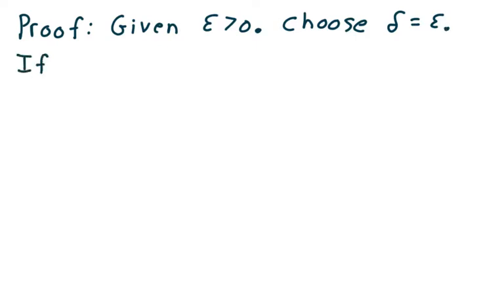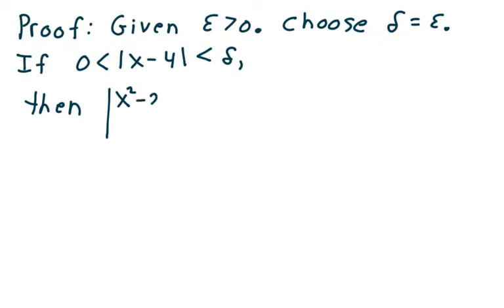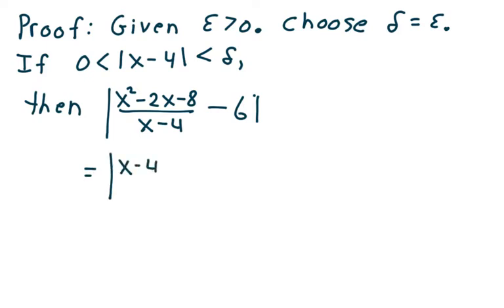If 0 is less than x minus 4, which is less than delta, then the absolute value of (x squared plus 2x minus 8)/(x minus 4) minus 6 is equal to the absolute value of ((x minus 4)(x plus 2))/(x minus 4) minus 6, right? But the x minus 4's cancel.